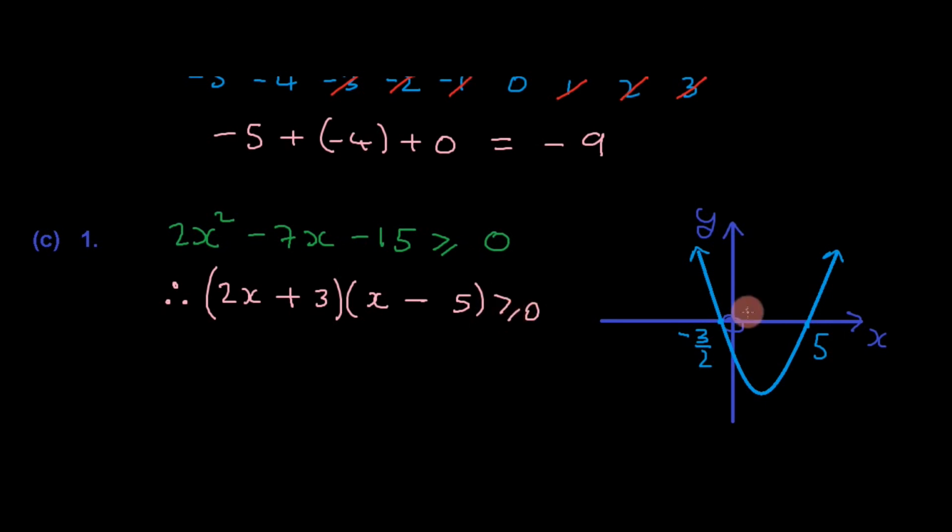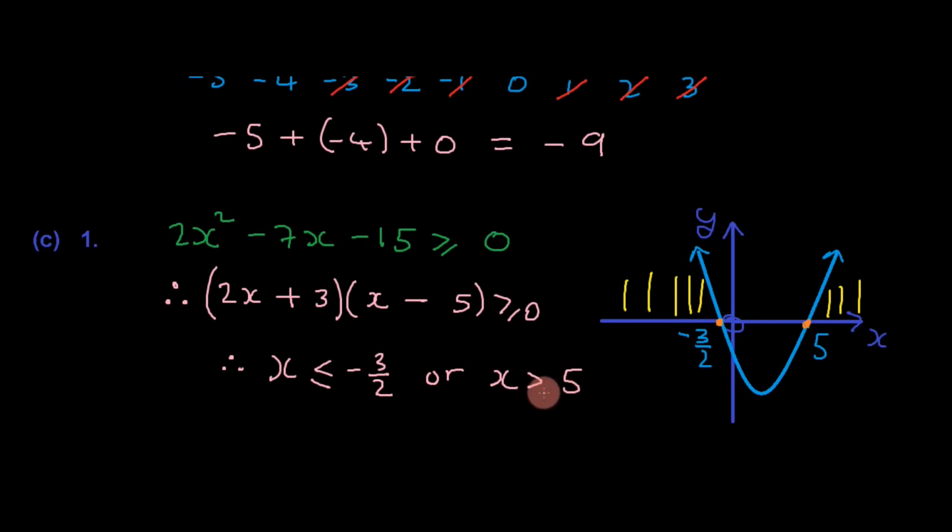At negative 3 over 2 and 5, it will be equal to 0. For values less than negative 3 over 2 and greater than 5, it rises above the x-axis, in other words, it's positive. So we can write down our solution: x will be less than or equal to negative 3 over 2, or x will be greater than or equal to 5.